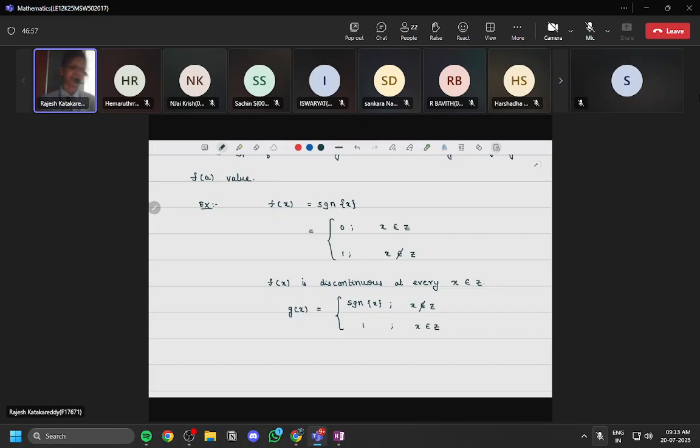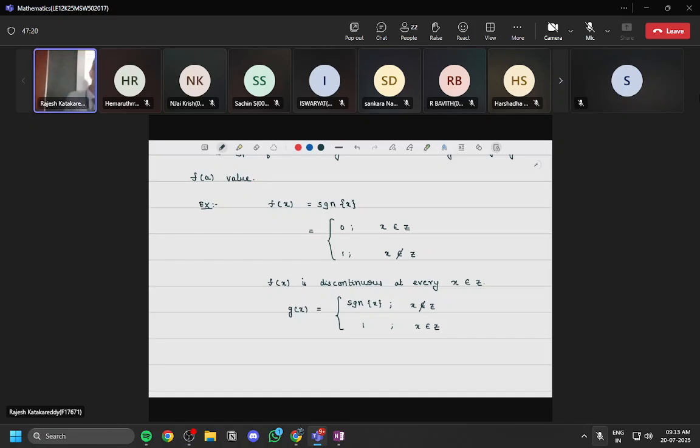Again, there are two types of removable discontinuity. One is a missing point: f of a is not there, because a is not in the domain. Second is where the limit exists but f of a is some other value. By reassigning the f of a value, we can make it continuous. Clear? Now we will see the non-removable type.